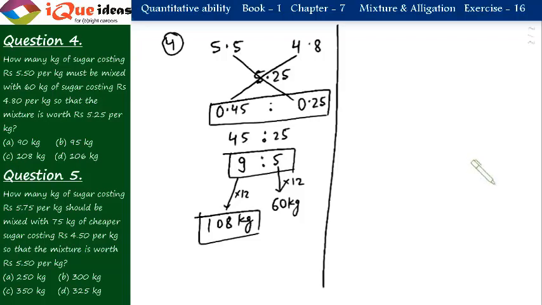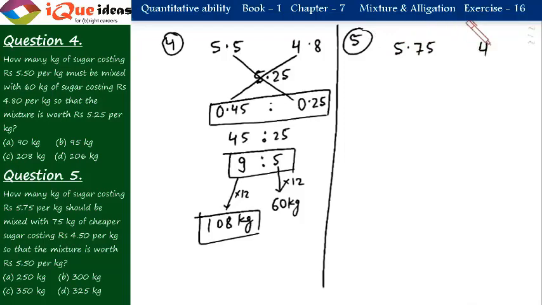Alright. Now the next question, question number 5. It says, how many kg of sugar costing rupees 5.75 per kg should be mixed with 75 kg of cheaper sugar costing 4.5 per kg, so that the mixture is worth 5.5 rupees per kg? Again a question of the alligation method.